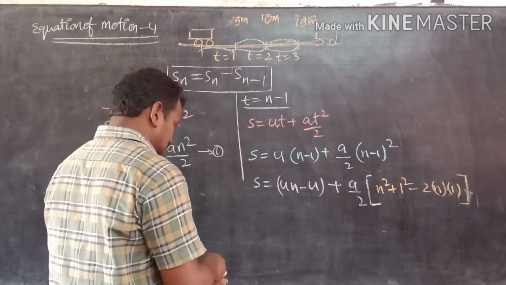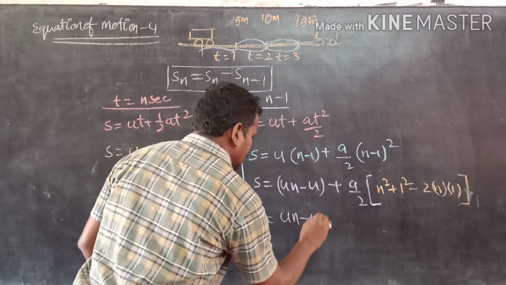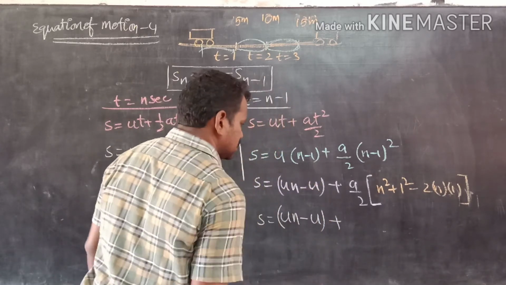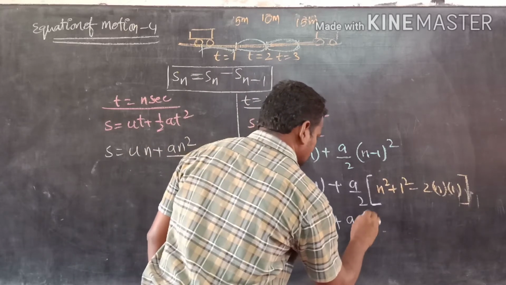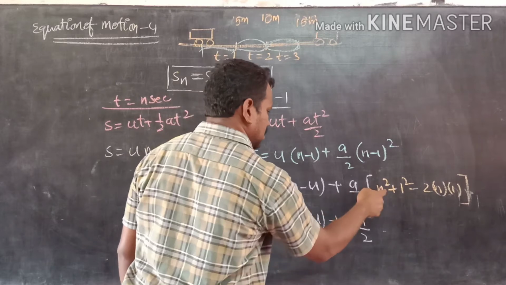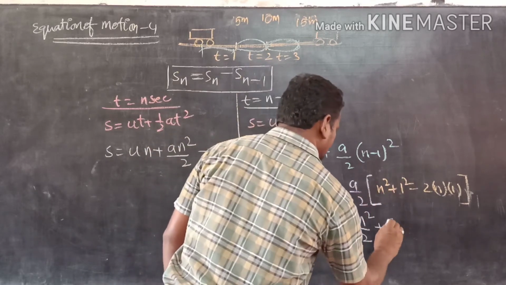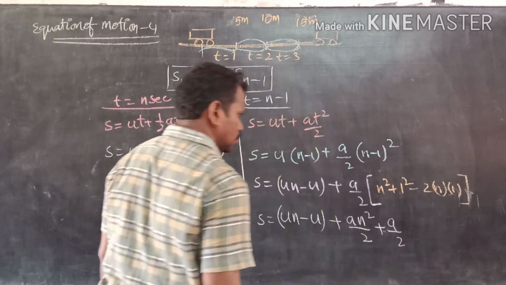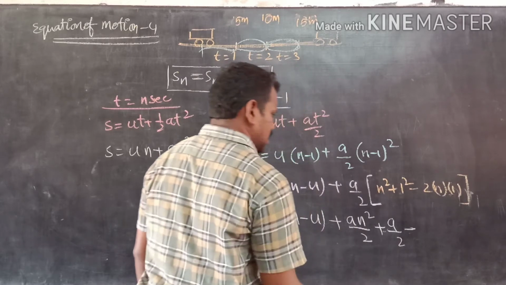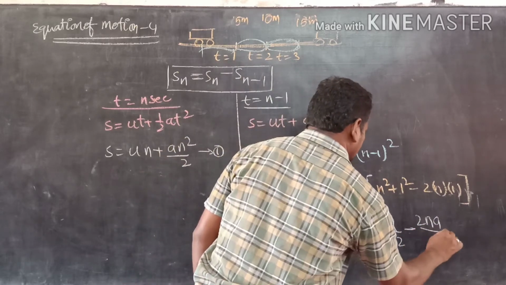In the following step, it becomes S is equal to un minus u plus an square by 2. Why? Because I multiplied a by 2 with n square. Then 1 square is nothing but 1. By multiplying with a by 2, it becomes a by 2 minus, here it becomes 2n with a. Now it becomes 2na by 2.